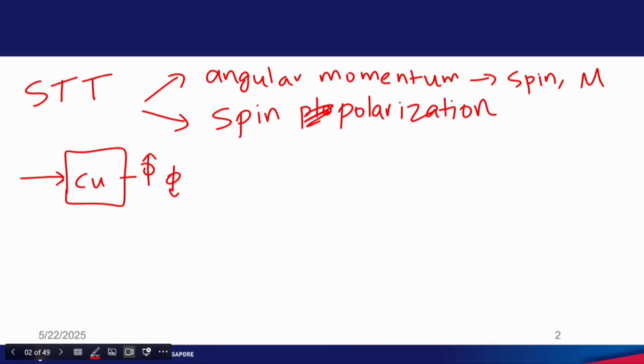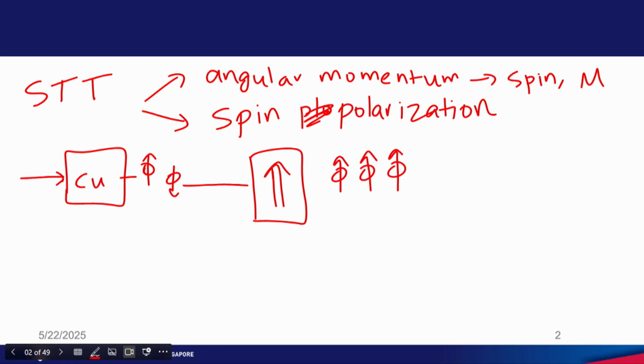On the other hand, if you send a stream of electrons through a ferromagnetic material magnetized in one particular direction, the electrons that have magnetic moment in the same direction as the magnetization will come out more in number, and the spins with opposite magnetic moment will come out fewer in number. This aspect is called spin polarization, and we are using this property to switch the MTJ.